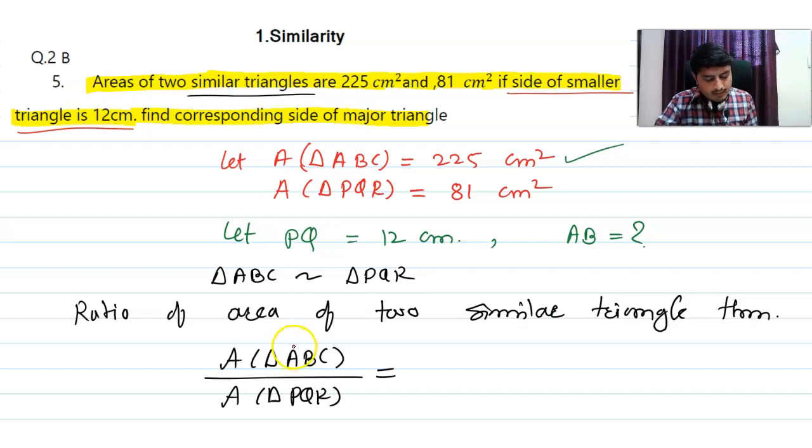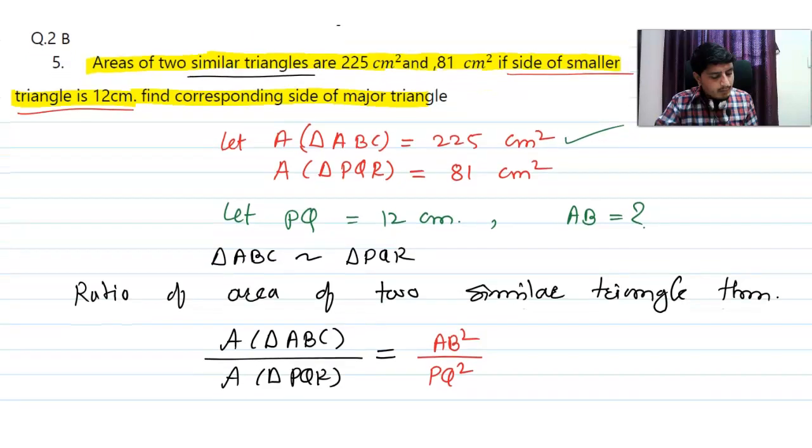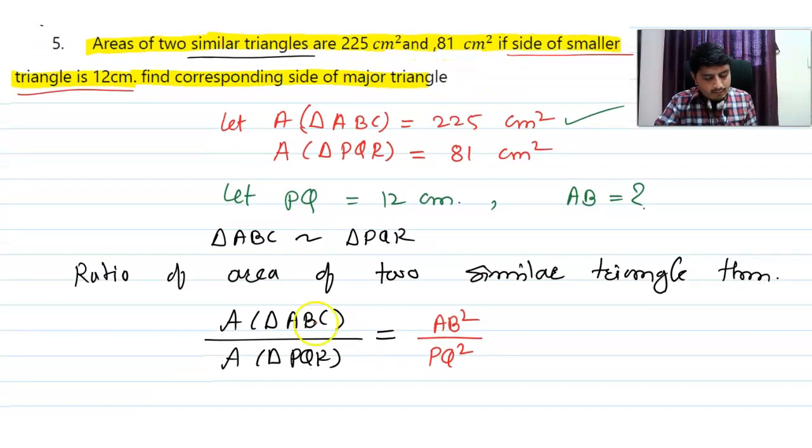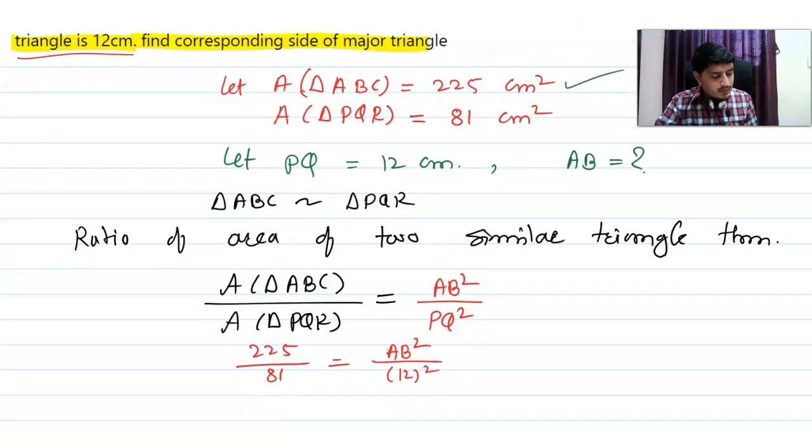So taking AB, whose corresponding side is PQ, the ratio of areas of the two triangles is equal to AB square divided by PQ square. Now replace the known values. Triangle ABC's area 225 divided by the area of triangle PQR, 81, is equal to AB square, and PQ is given as 12, so we get 12 square.